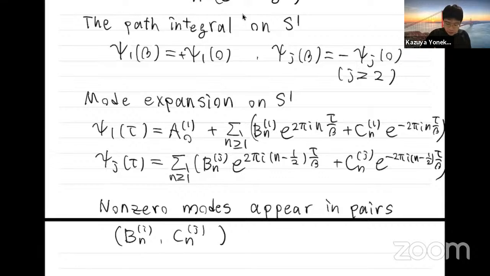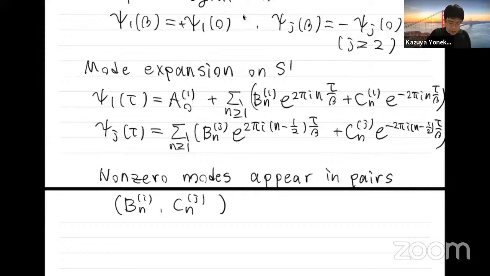I mean, this mode B has the plus eigenvalue of the Dirac operator or derivative operator acting on it, and this part has negative eigenvalue, and so the absolute values of the eigenvalues are the same in these modes, and their signs are different. Anyway, so they are paired. So non-zero modes are paired.